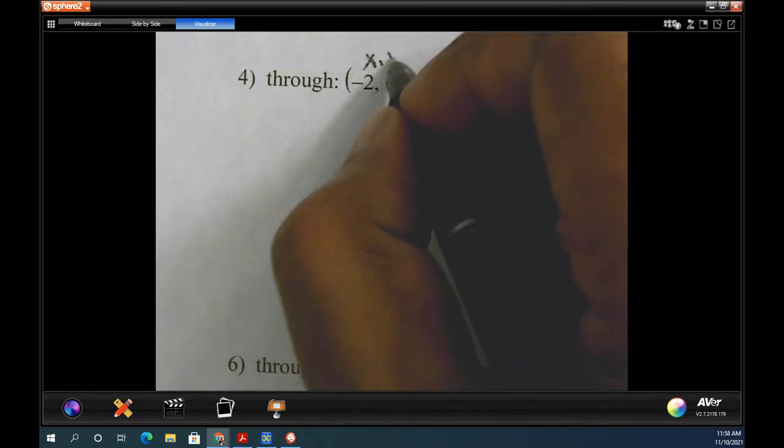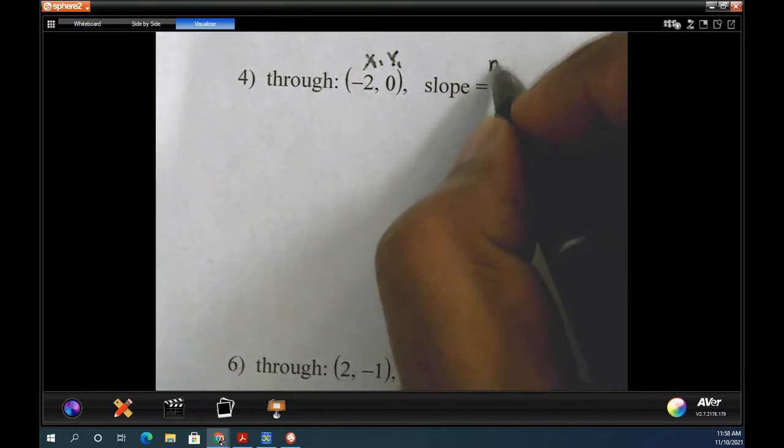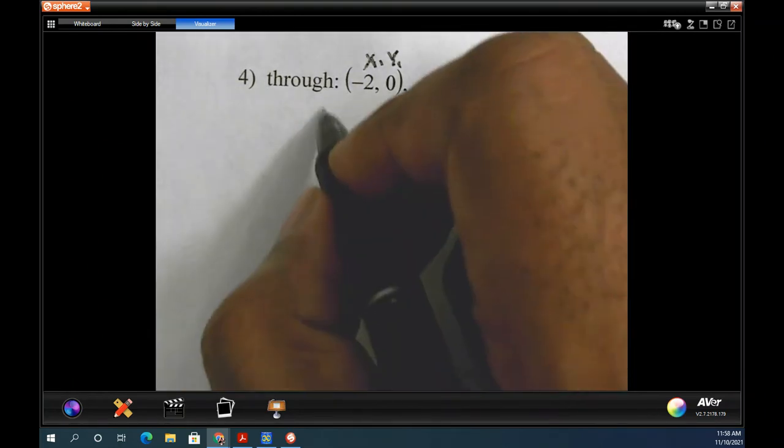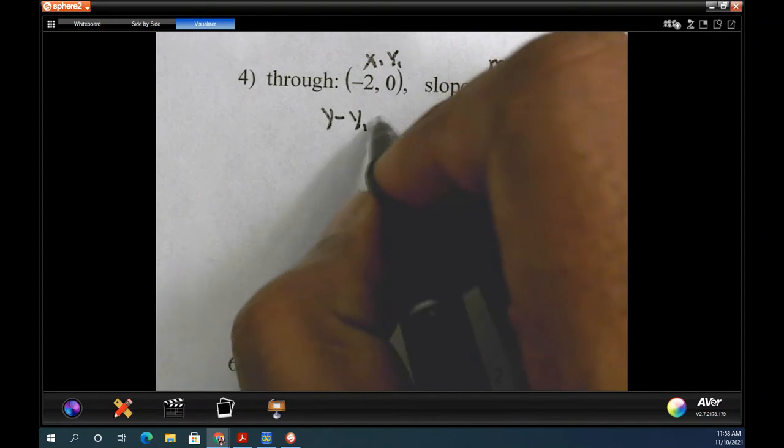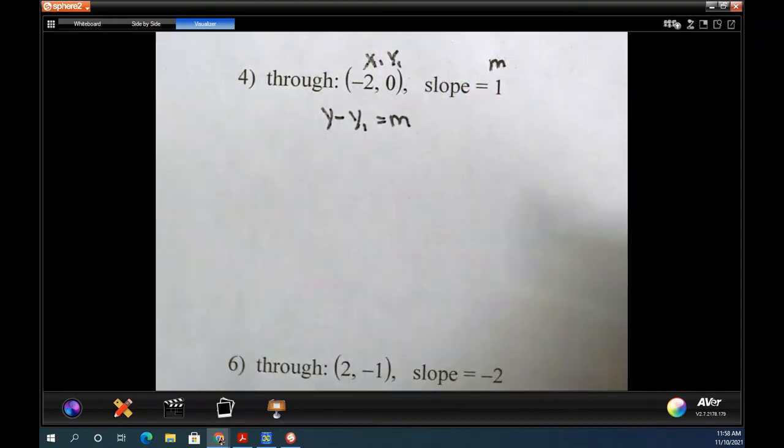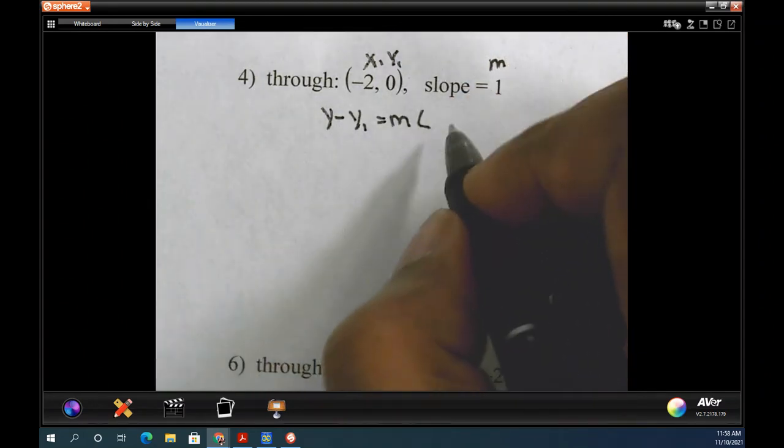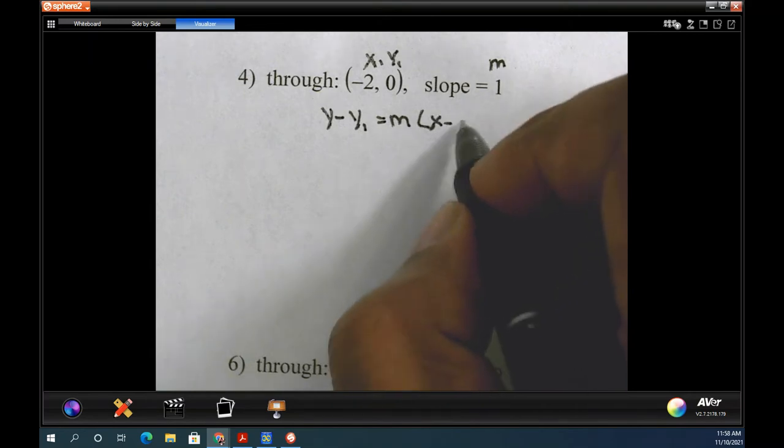Here's your x1, your y1. There's your m. Y minus y sub 1 is equal to m times x minus x sub 1.